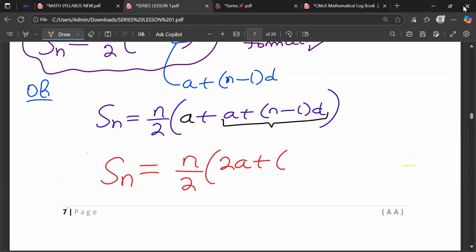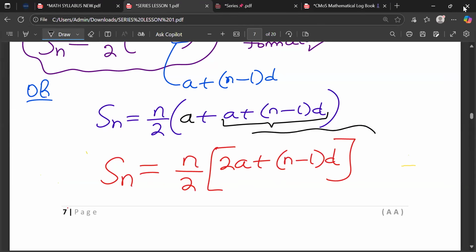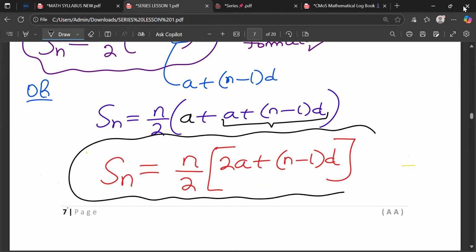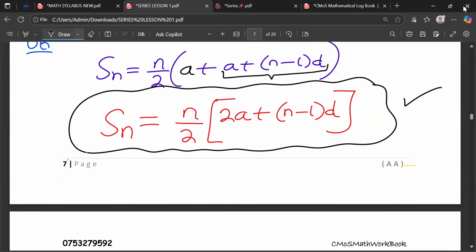Because we are having curved brackets coming again, we can transfer these ones to square brackets, or you can decide to use curved brackets, whichever you want. So it is this. That is the formula showing the sum of the first n terms.